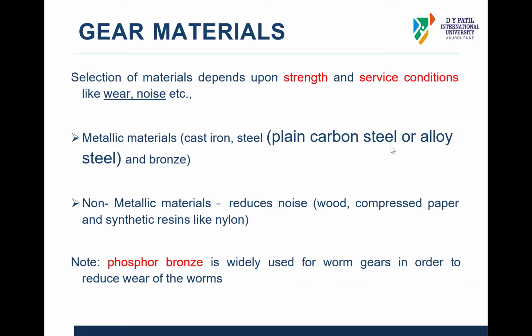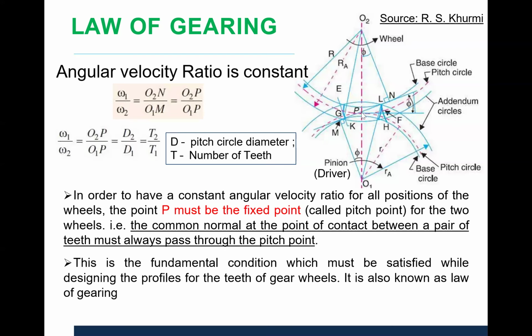At the pitch point, teeth are engaging and we are transferring motion between the pair. This is the fundamental condition you need to understand whenever designing any gears: the common normal at the point of contact always passes through the pitch point. Then it satisfies the law of gearing, and you will get a constant velocity ratio between the gears.